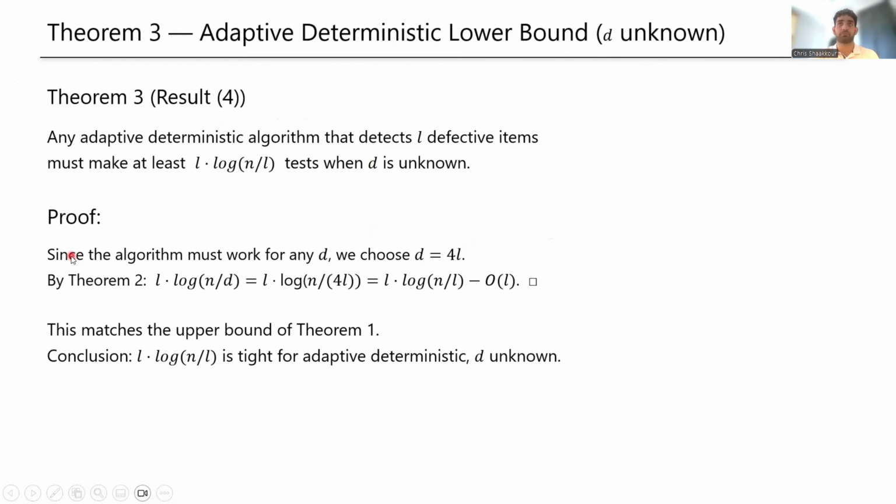So by theorem number 2, we get L log(n divided by D), and then we plug in D to be 4L, and we get L times log(n divided by 4L), which is equal to L log(n divided by L) minus O(L). This is the test complexity, the lower bound of result number 4, the adaptive deterministic algorithm, using theorem number 1.